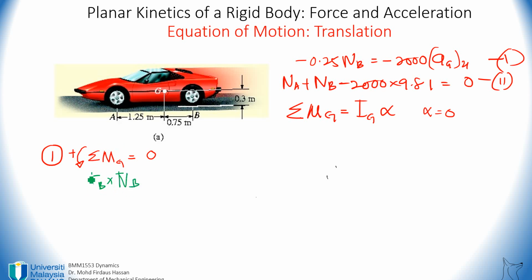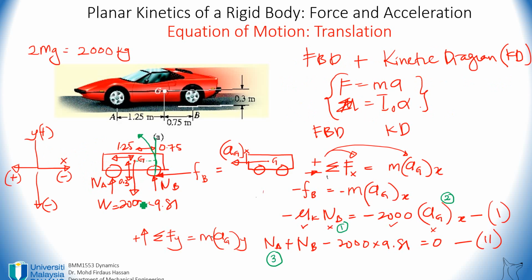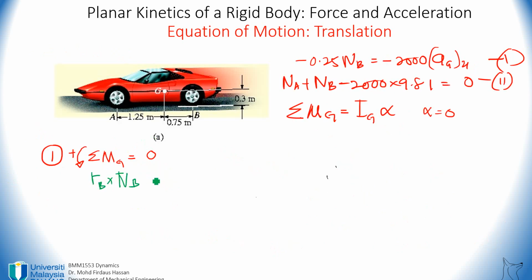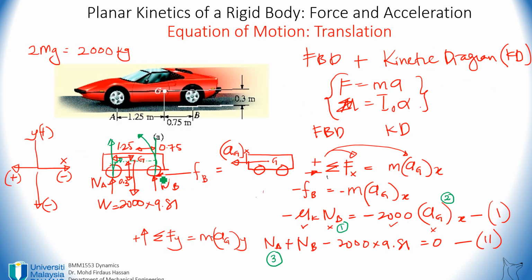Counterclockwise is positive. Then you have another one, but this one creates a clockwise moment, because your G is on the right. So the distance here to here is 1.25, so negative R times NA. What else? We still have FB.